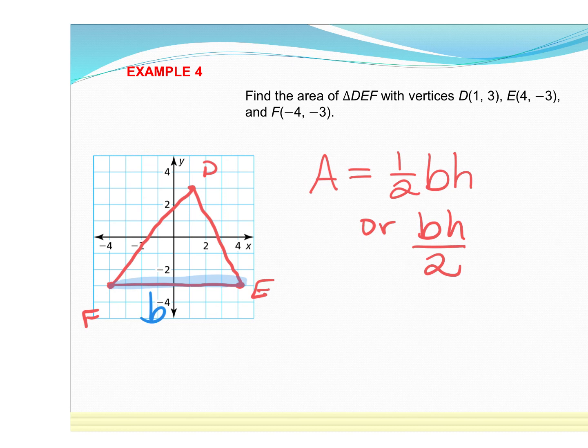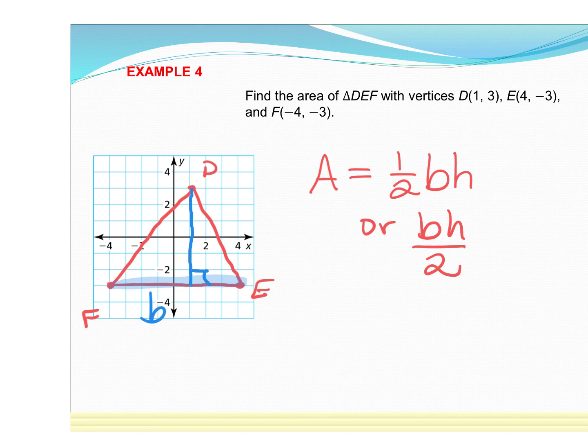Remember, the height is always the perpendicular segment, the segment that goes straight up and down. So my height is going to come from this tippy top point of D and go down here. And because it's just a vertical line, I can just count the squares. Or I can do the subtraction, either way. But on this one, I'm just going to count the squares.